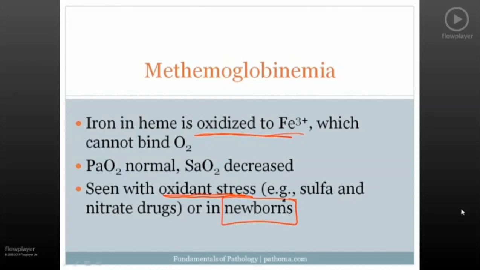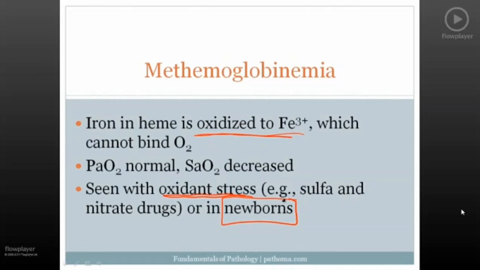Now, in order to understand that, you should remind yourselves that we're always oxidizing iron within hemoglobin, and all of us probably have a very tiny percentage of methemoglobin floating around in the blood. That's because the blood carries oxygen, and there's an oxidant stress that's constantly present within blood.